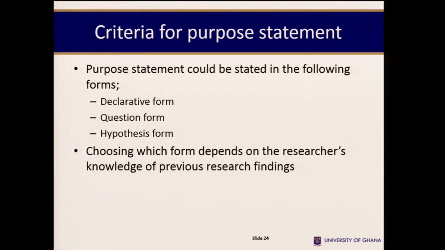So let's look at the criteria for writing the purpose statement. Here, this single statement that we are talking about has to be written in a declarative form. You can also write it in a question form, and then you can also write it in hypothesis form. We will look at each of these.